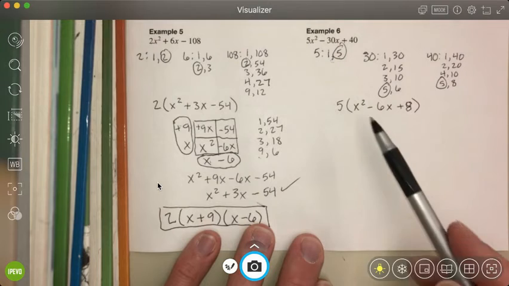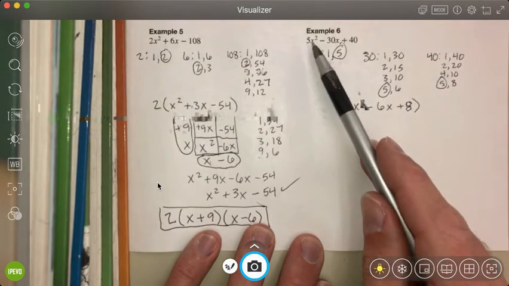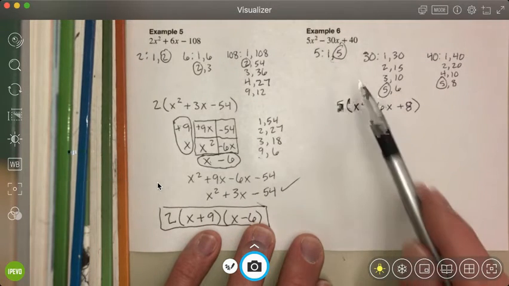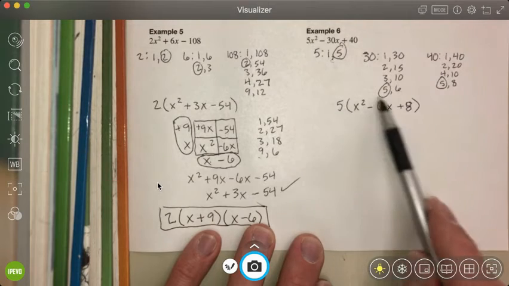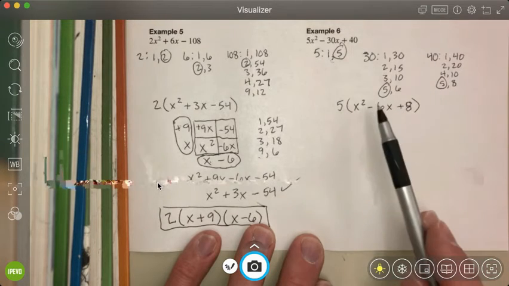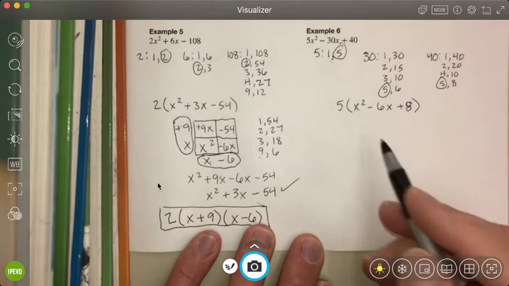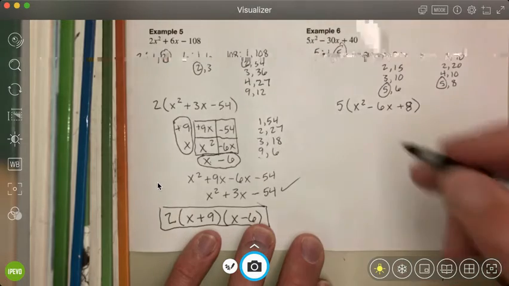And you can always do your check. What's 5 times x squared? It's 5x squared. What's 5 times negative 6? It's negative 30. And what's 5 times positive 8? It's positive 40. Cool, I'm good to go. I know I've at least factored out the number correctly.